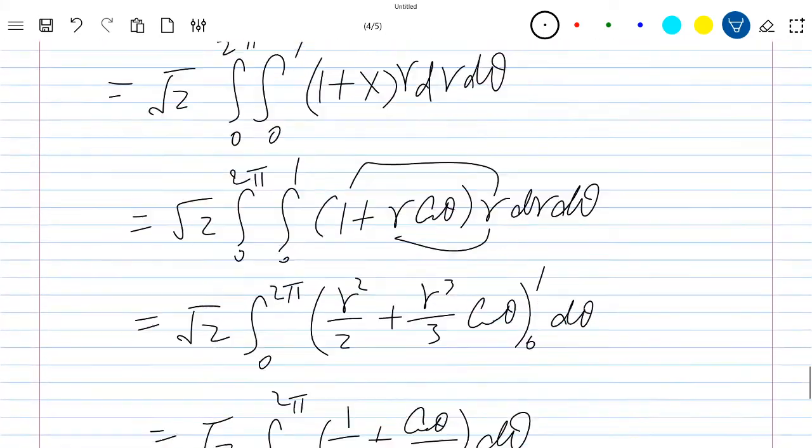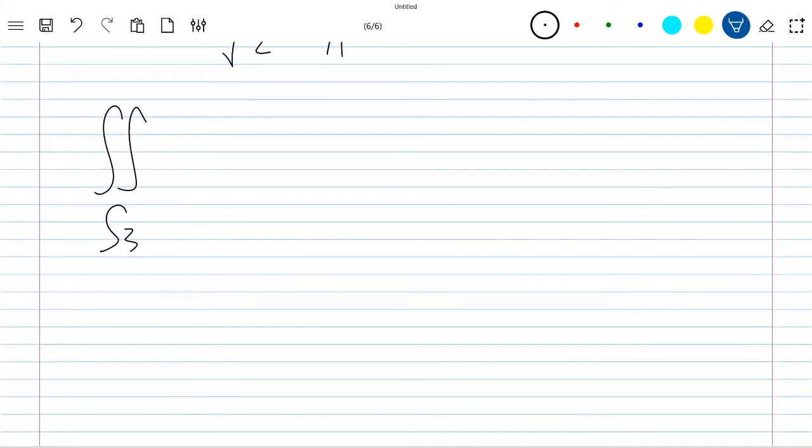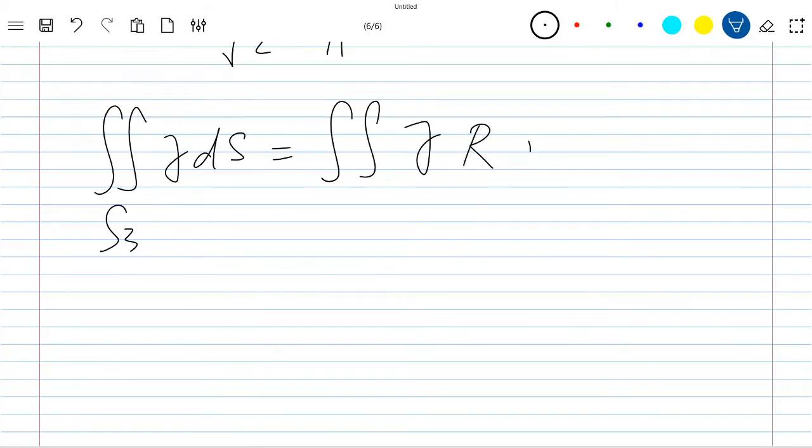So let's see, what do we do? We integrate z dS, right? So cylindrical, so z is just still z, and this dS, if you remember, is r d theta dz, and r is just 1. Okay. And how about the range of theta and z?